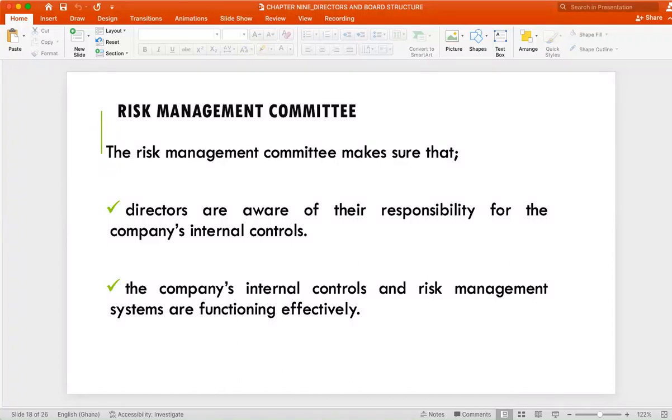Okay, so it has a close relationship with, say, audit, but risk management makes sure that these controls are present. Audit probably will make sure that these controls are working, but their relationship is quite close. All right. So to avoid all manner of risks, you need the risk management committee to ensure that all internal controls and risk management systems are functioning effectively.